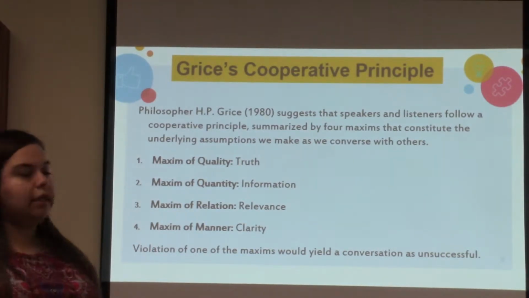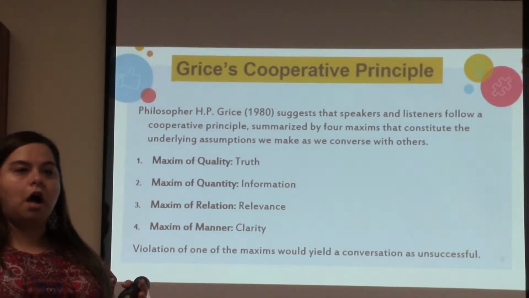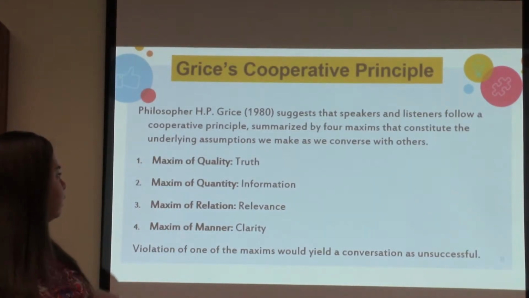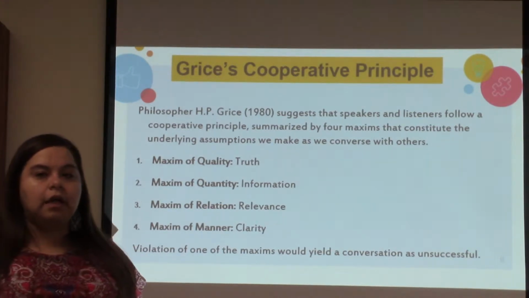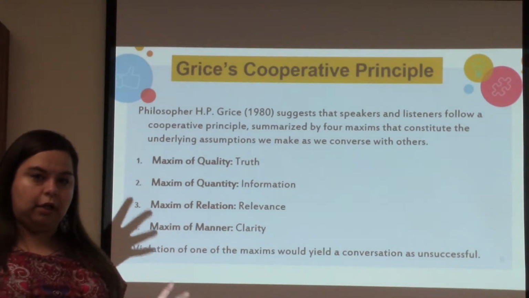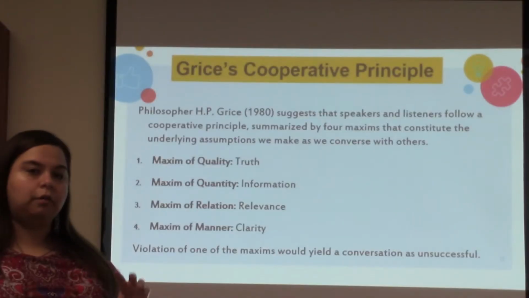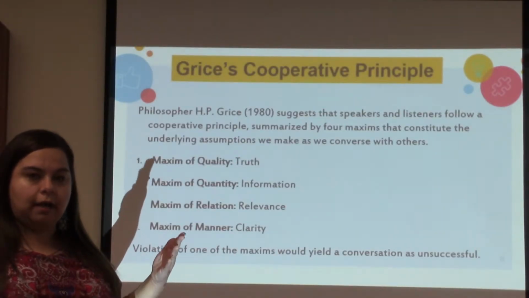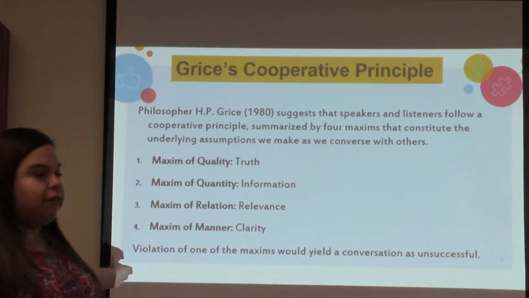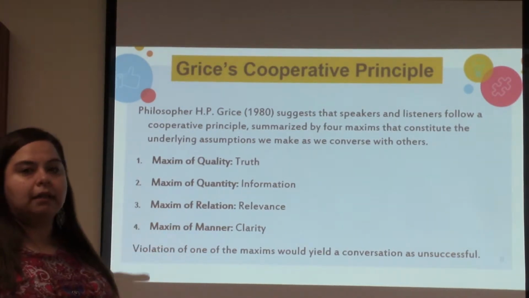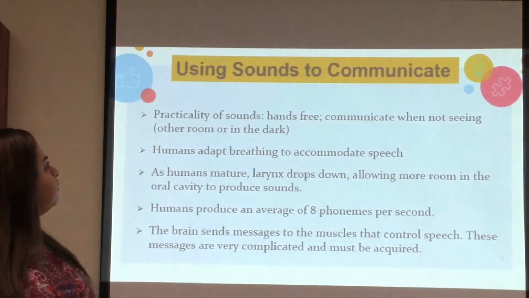The maxim of quantity: don't give too much information, just enough to get your message across. The maxim of relevance: stay within your topic. And the maxim of clarity: don't be ambiguous, give a clear picture. However, they feel that if you violate one of these four maxims, it would be an unsuccessful conversation.